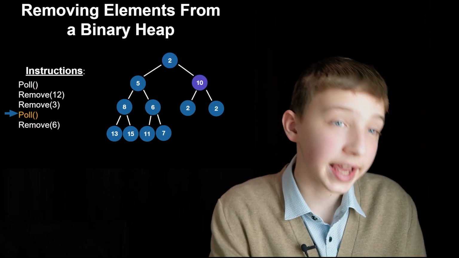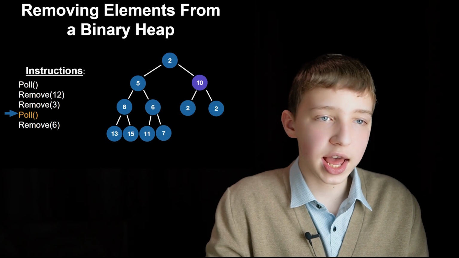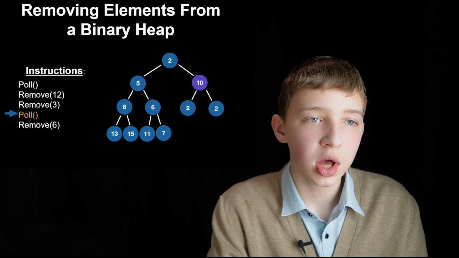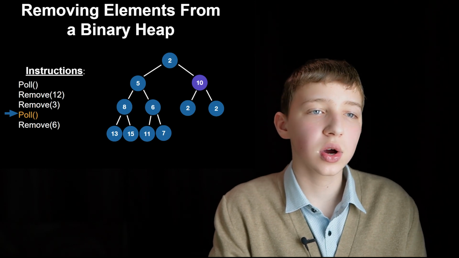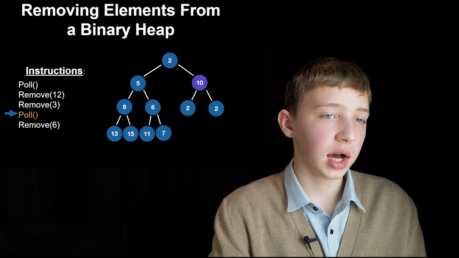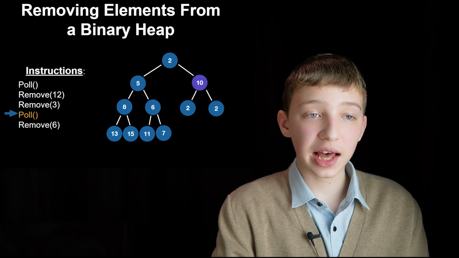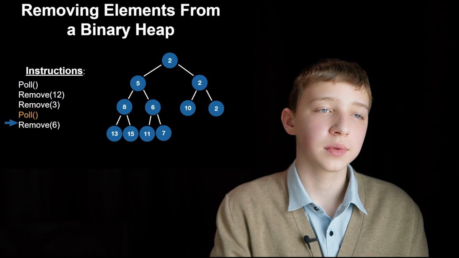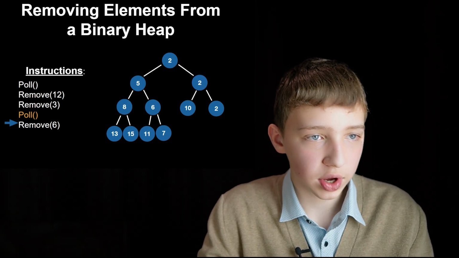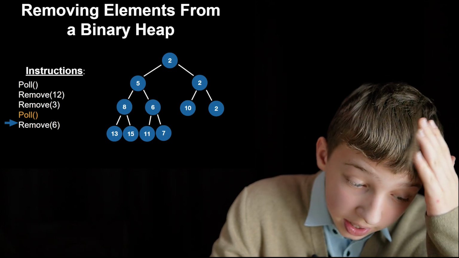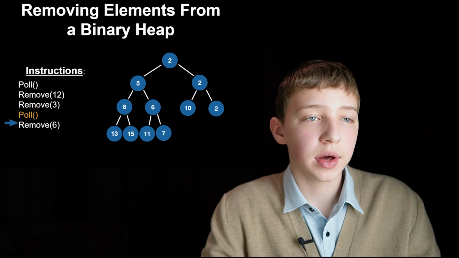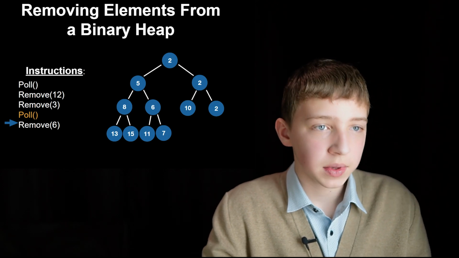And now, again, both left and right children have equal value. So which do we need to pick? Yeah, we want to select the left child in the case of a tie. So here, we're swapping 2 and 10, and now the heap invariant is satisfied.